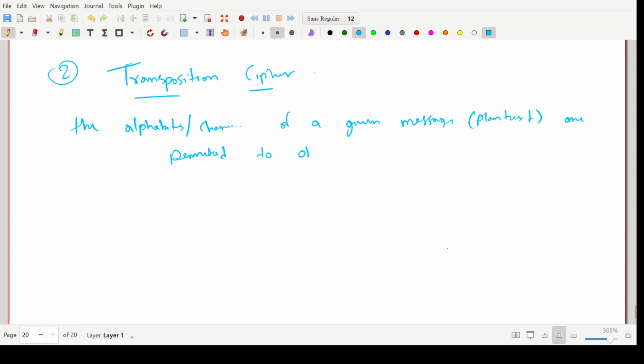That means I am not going to replace or substitute by another character, I am just going to permute. That's why this cipher is also called the permutation cipher.